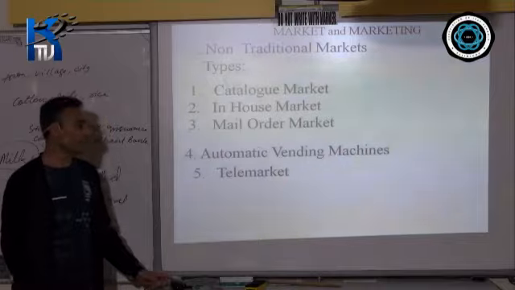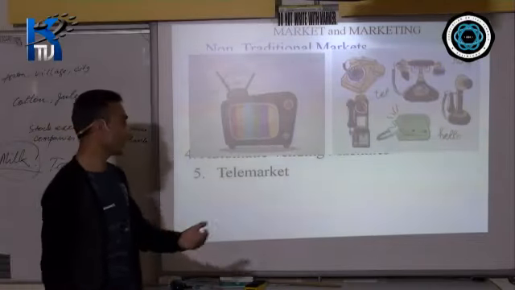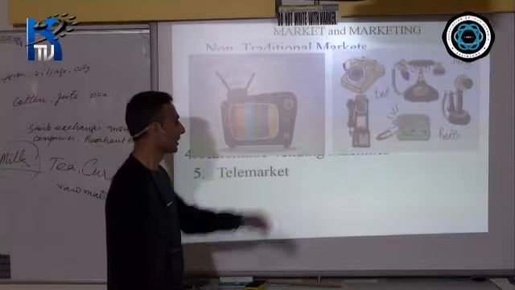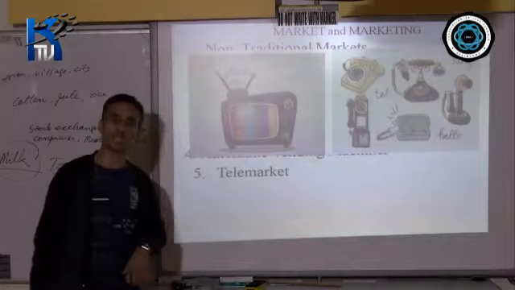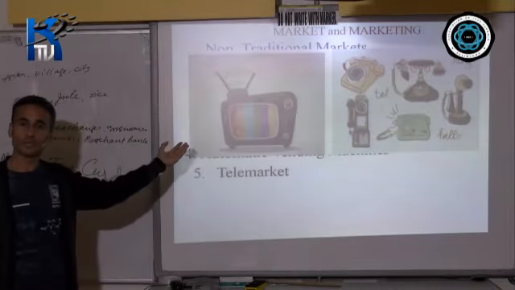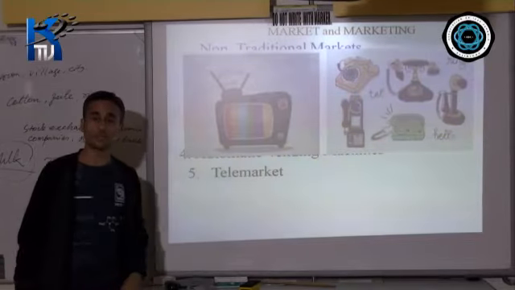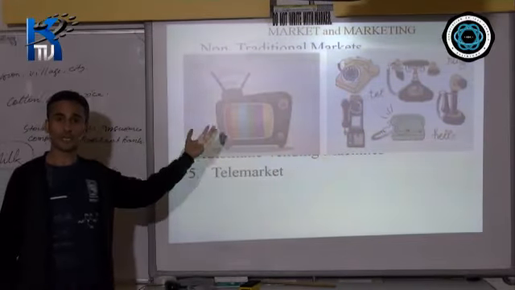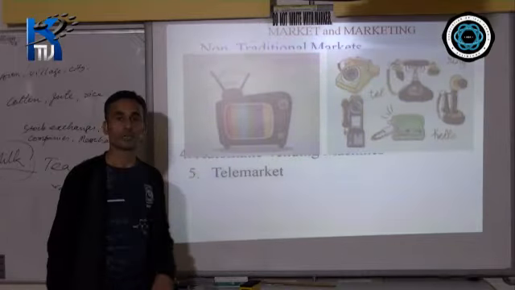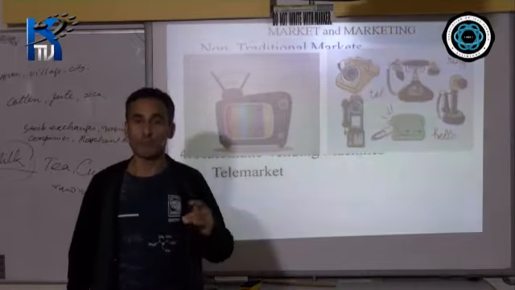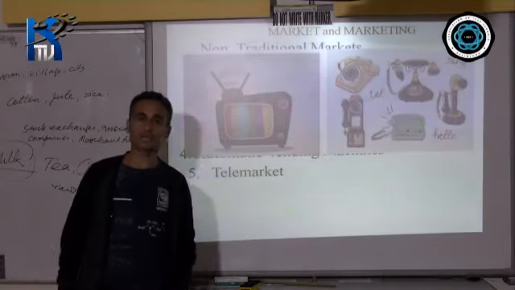Then you have telemarket. In a telemarket, what happens? You take the help of television and your telephone. Products are advertised on the television. Display of the products is shown on the television. Descriptions are given on the television. And on the basis of that, a consumer or a buyer takes a decision to buy the product.